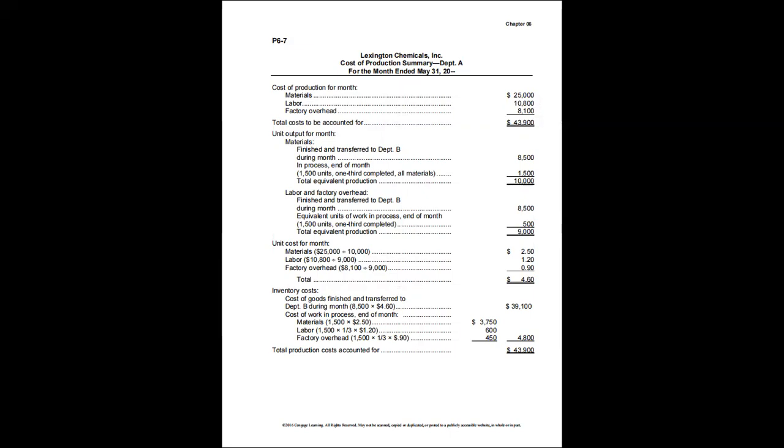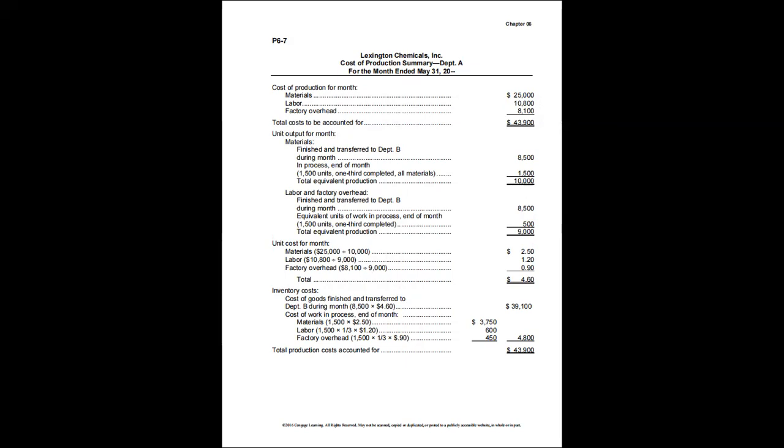So for the production summary, we have the unit started 12,500, finished and transferred to stockroom 9,500. In process, at the end of the month, one half completed as to materials, labor, and overhead. So for the cost summary, we have materials, labor, and factory overhead.